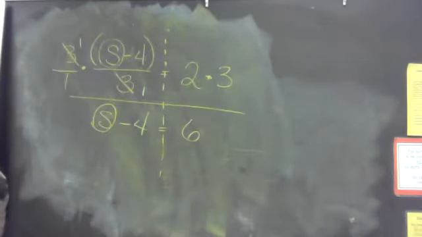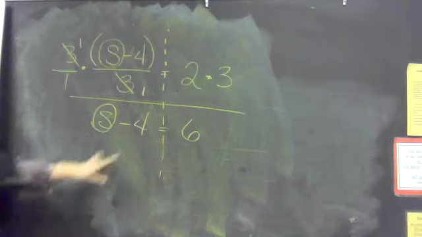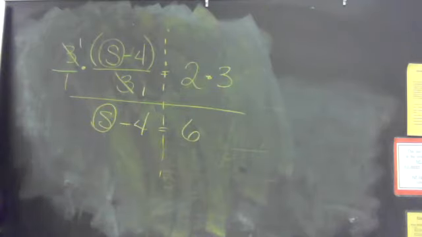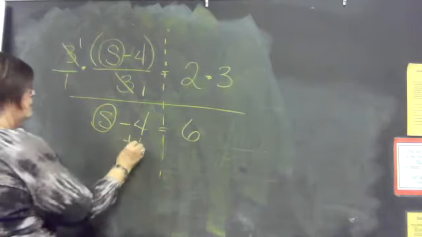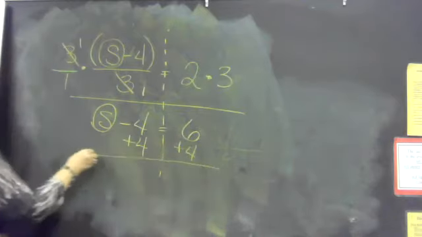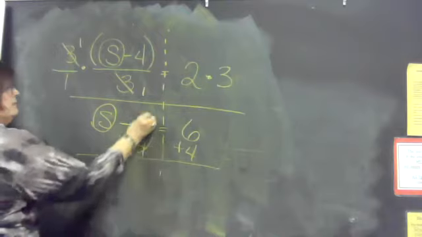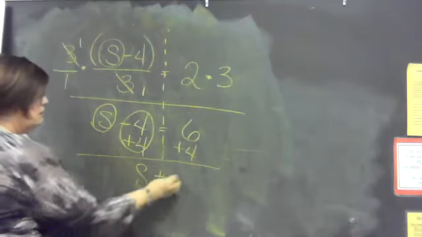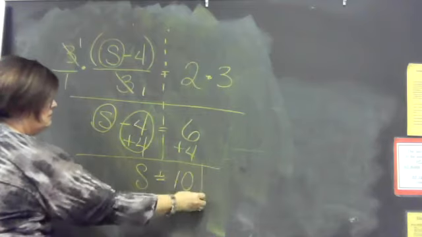And then I examine the equation that I have left. And I say, s isn't by itself. I need to get rid of this straggler right here. Minus 4. How do I get rid of it? Add a 4. And I have to balance the equation always. This is the additive inverse. And so I have an s left equals 10.